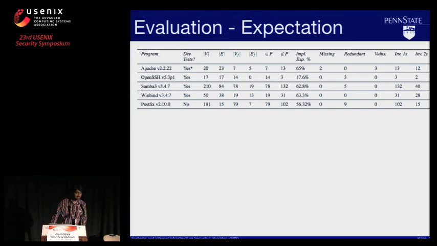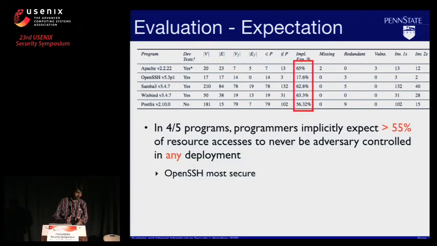Okay, so let's move on to our evaluation. One of the most significant things we observed, having evaluated our approach on 5 programs, was that in 4 out of the 5 programs, more than 55% of all unique resource accesses had no defensive checks behind them.